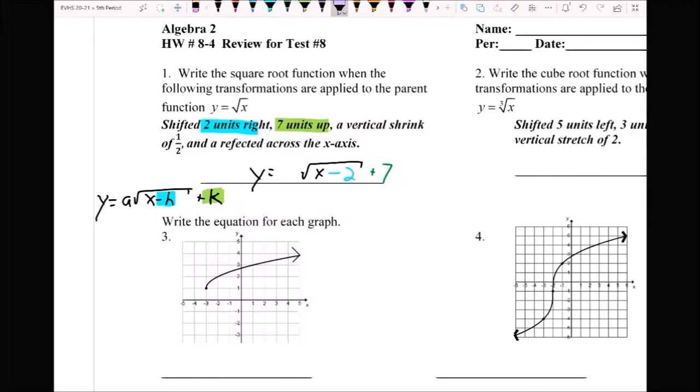Then we've got the vertical shrink of 1/2. That comes in on the a value, so we put a 1/2 here. And then reflect it across the x-axis. That is where we're going to add in a negative sign on the a. So there we go, y equals -1/2 square root of x minus 2 plus 7.